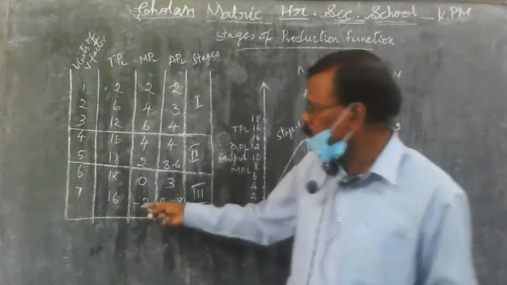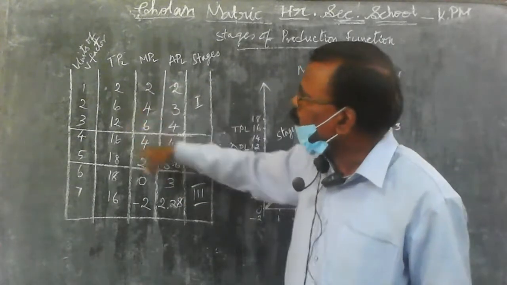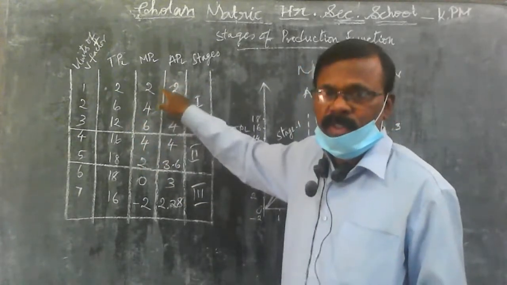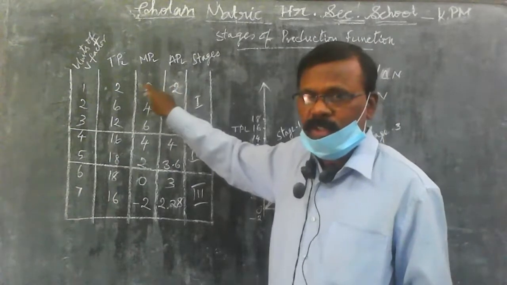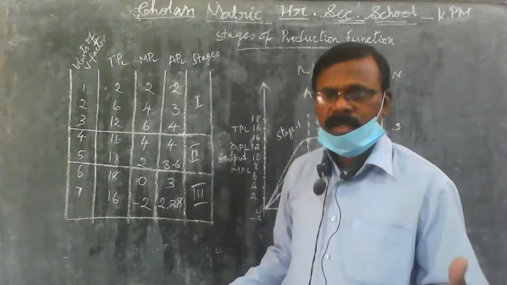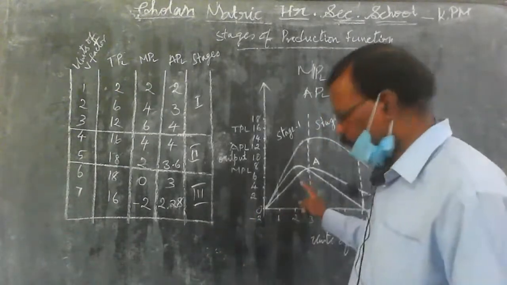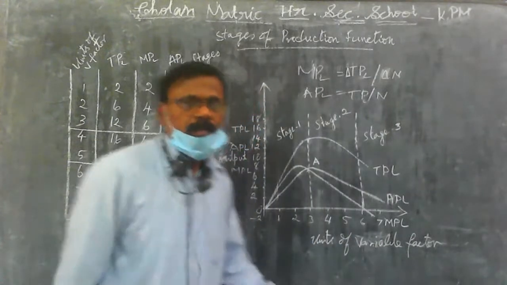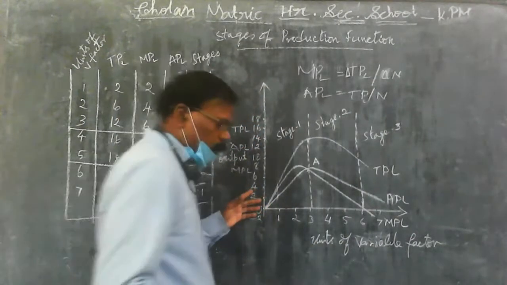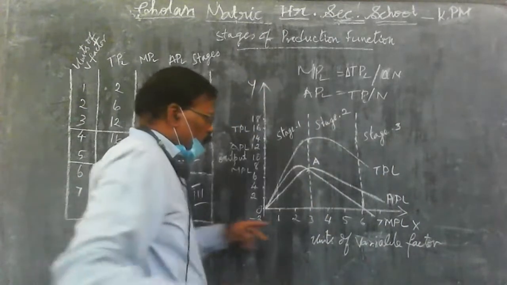Okay, so this is about the position of the schedule, three stages of the production function schedule. With this schedule, we can easily understand the three stages of production with the help of this diagram. Now all of you look at this diagram. This is the x-axis and y-axis.